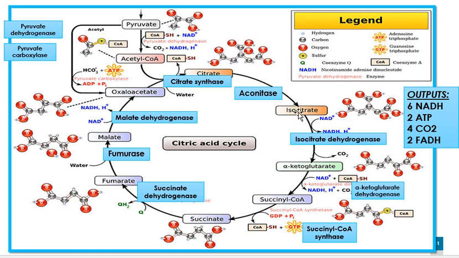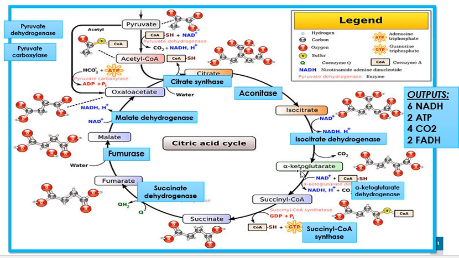Isocitrate loses carbon, so carbon dioxide is produced, and the presence of NAD is reduced to NADH because they give electrons. And then isocitrate loses carbon dioxide, so carbon dioxide comes out, and it will become alpha ketoglutarate.